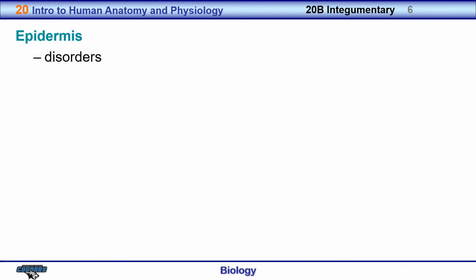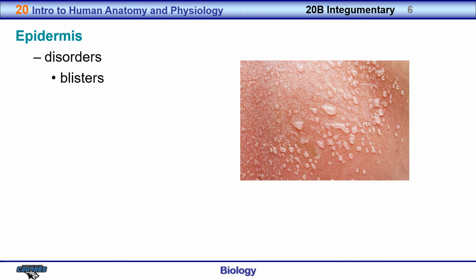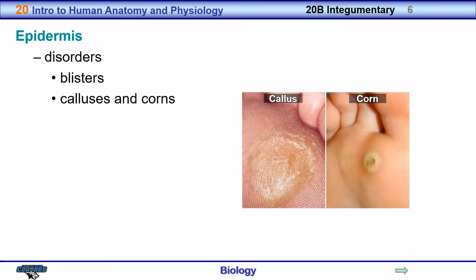So what are some disorders of the skin? Well, all of you probably have had a sunburn, and you've probably seen blisters forming over your skin when the UV has damaged the skin, and your body is responding in this way to that. Another thing would be calluses.